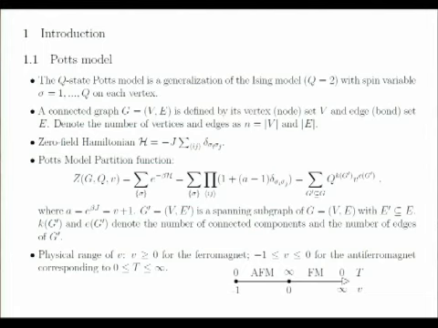So basically, it is the temperature variable. When v goes from 0 to infinity, it corresponds to ferromagnet with temperature from infinity to 0, and for v from minus 1 to 0, it corresponds to antiferromagnet with temperature from 0 to infinity.